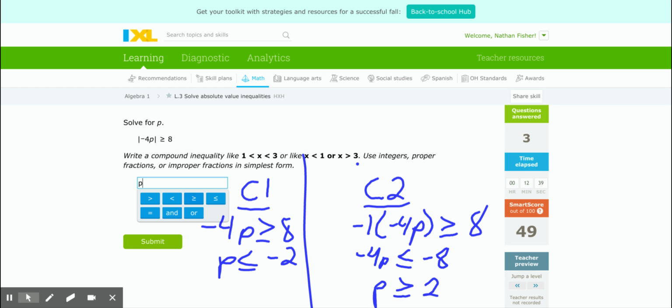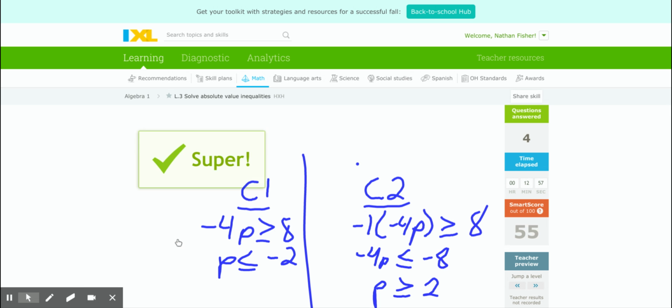So I'm going to put P less than or equal to negative 2. Or I think you can type that in as well, but I'm just going to be safe. P greater than or equal to 2. So you got to be really careful with what way your symbols are opening up in this IXL.